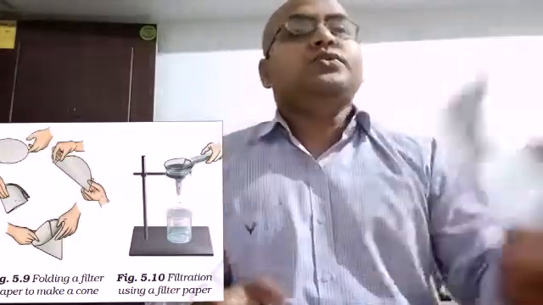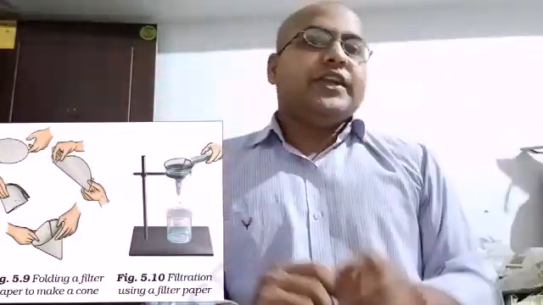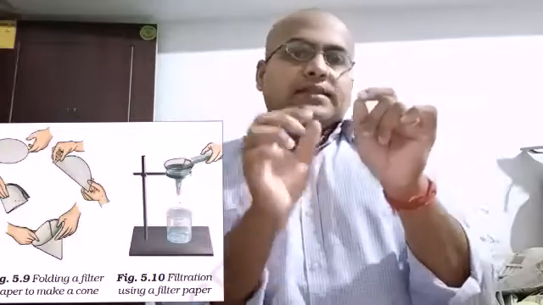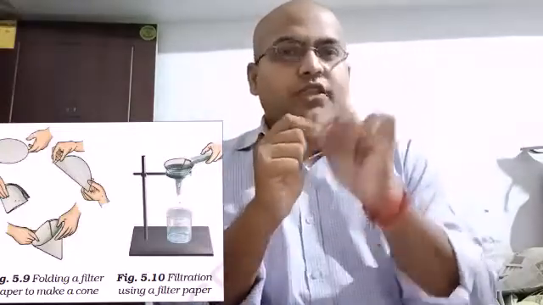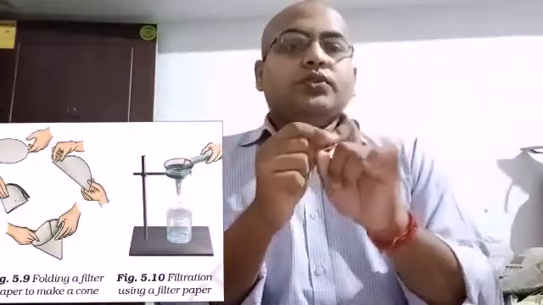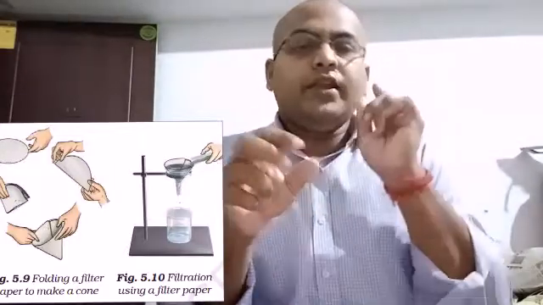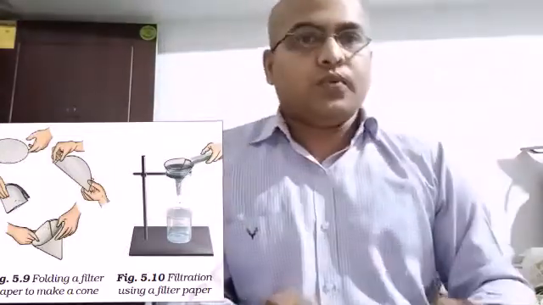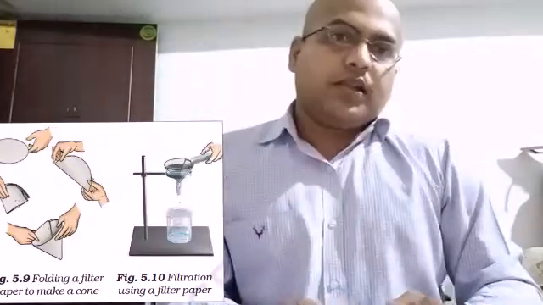So this is the use of filter paper. This filter paper has very small pores, and only the molecules or atoms of liquid are allowed to pass through these pores, not any dust particles.